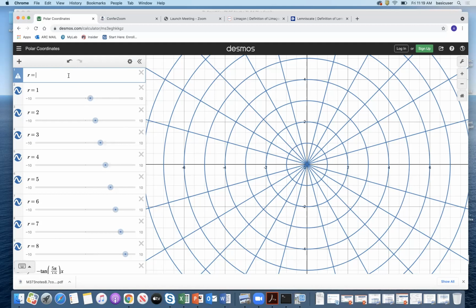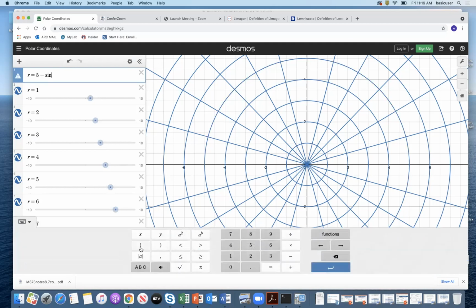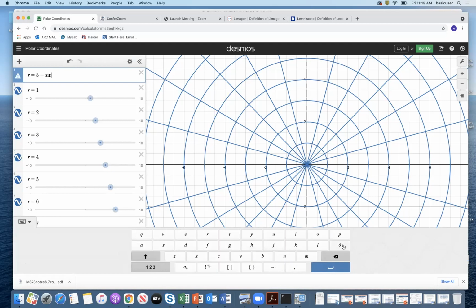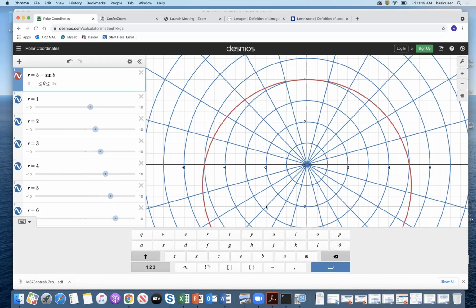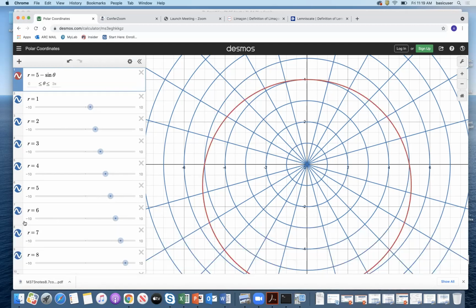Okay, so then how do I get the equation in there? I could just type it in, 5 minus sine. Now theta is not on my keyboard, but there is this right here, show keypad. A, B, C, there's a theta right there. Okay, and then I can now hide the keypad.